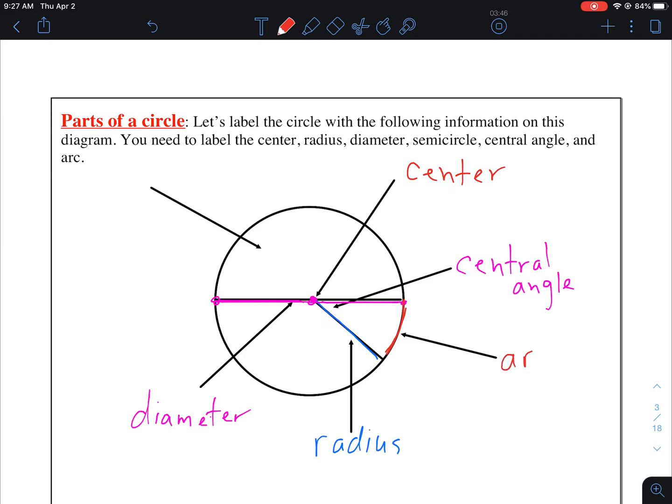That's an arc. And then a semicircle would be the last one. It's not really pointing to the right thing, to be honest with you, but semicircle is half a circle. So what I'm trying to highlight in green here, that would be like a semicircle.